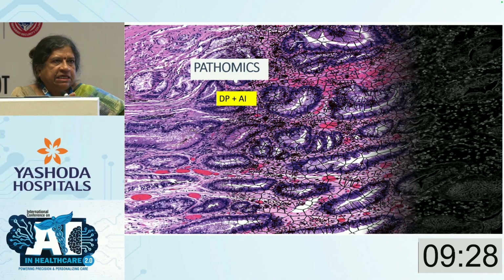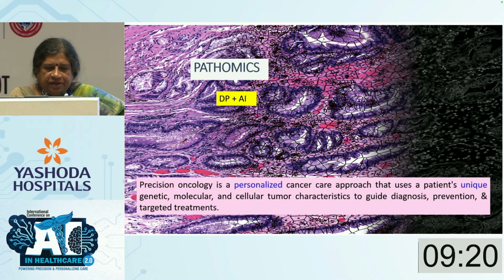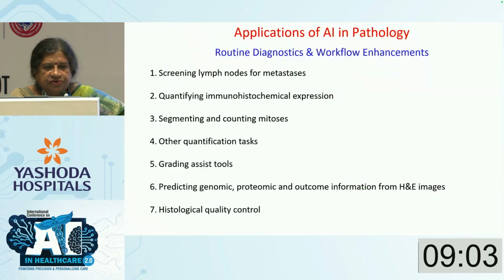It helps us mine that wealth of information, in the form of millions of data points. This is the right combination for precision oncology, which is a personalized cancer care approach that uses patients' unique genetic, molecular, or cellular tumor characteristics to guide diagnosis, prevention, and targeted treatment.